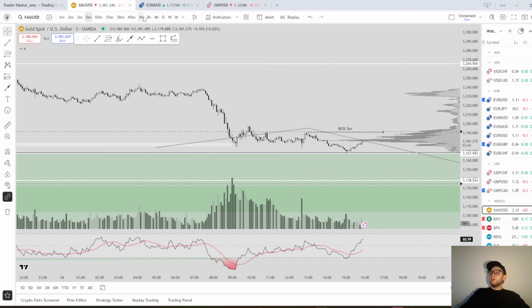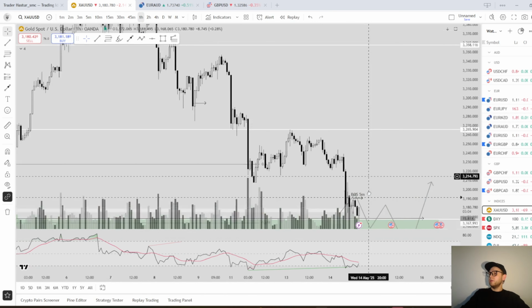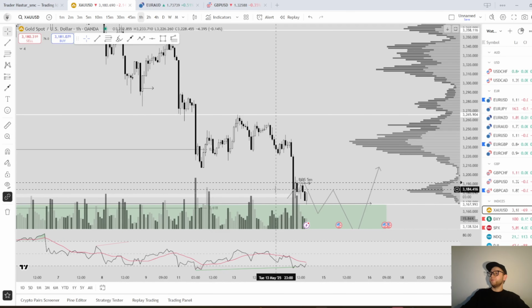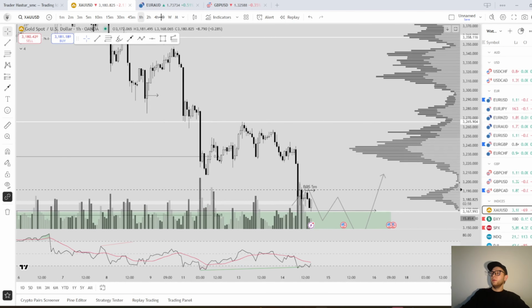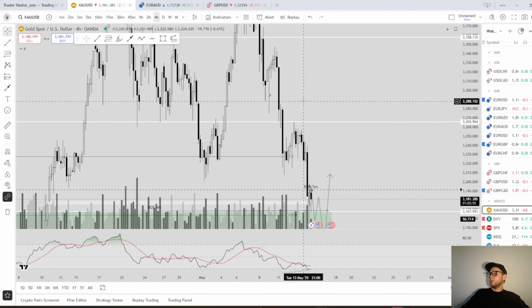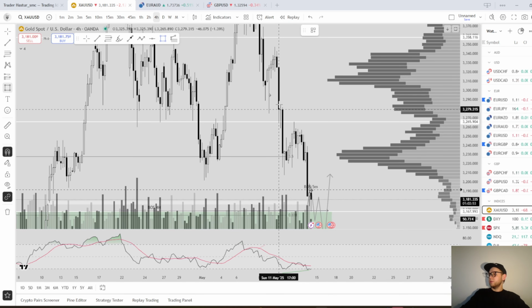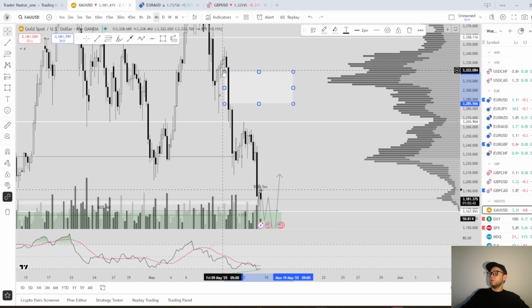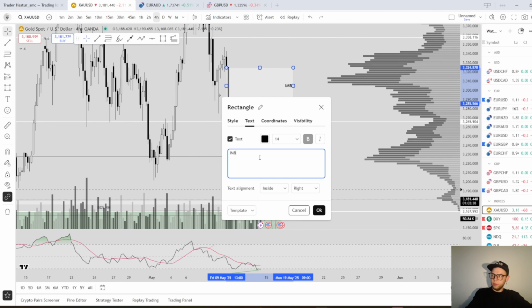And our target will be till this imbalance. Let's mark that, it is our imbalance on the 4-hour time frame.